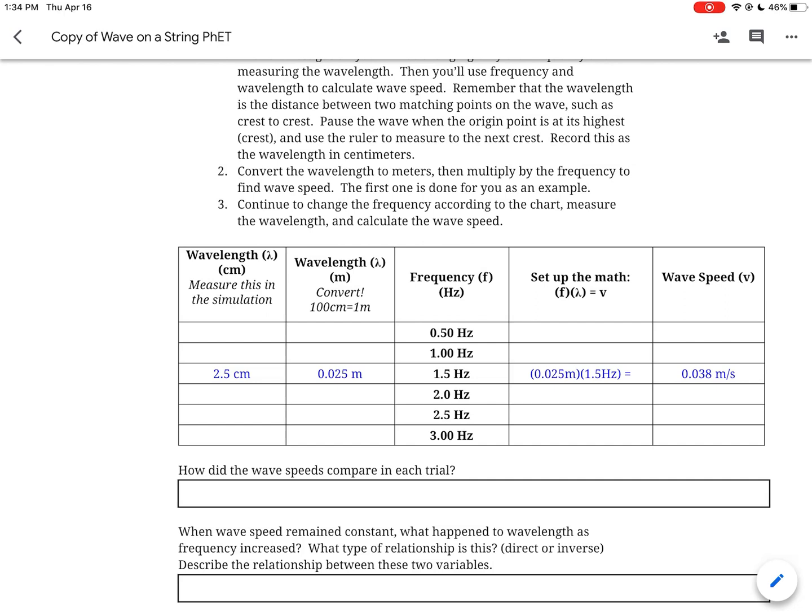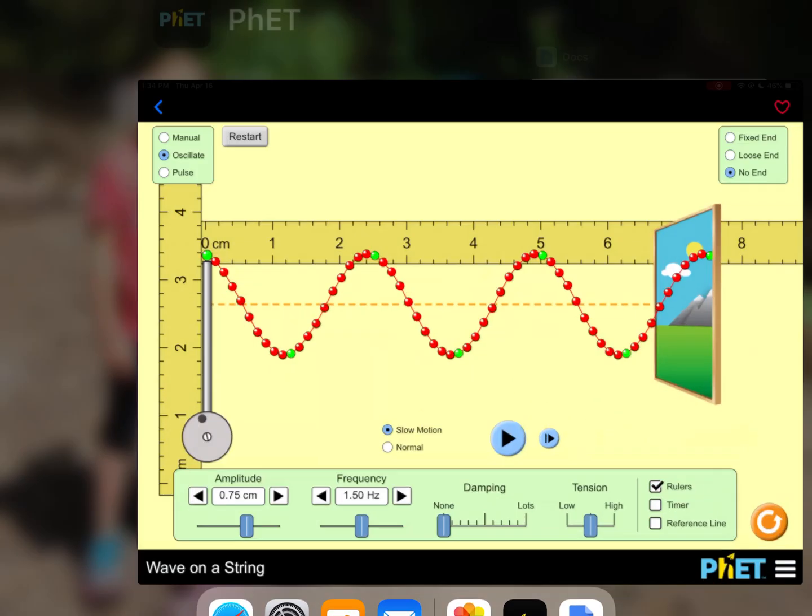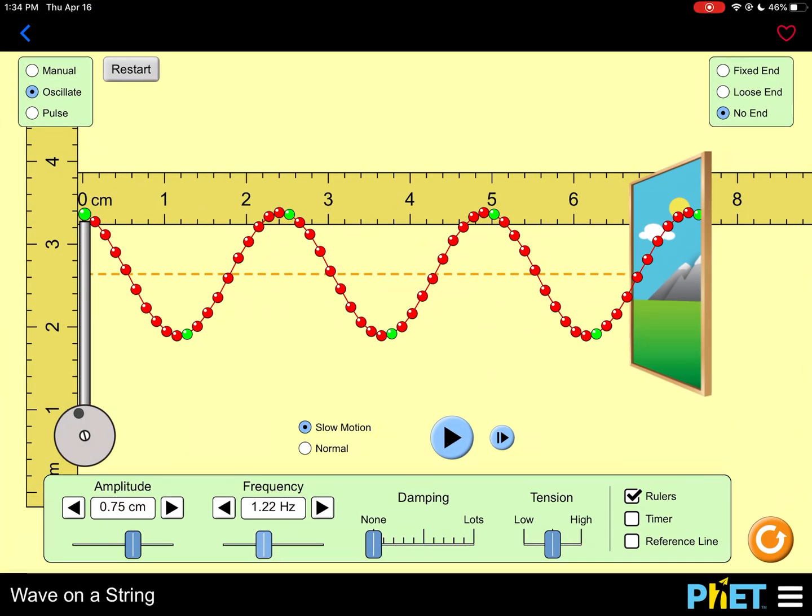So frequency is 1.5 hertz times the wavelength in meters, 0.025 meters. Multiply those, do the math, and my wave speed is 0.038 meters per second. Then you are going to go back and change the frequency to each of these different frequencies. Do the same thing, measure the wavelength. So let's go back and change it to 0.5 hertz.